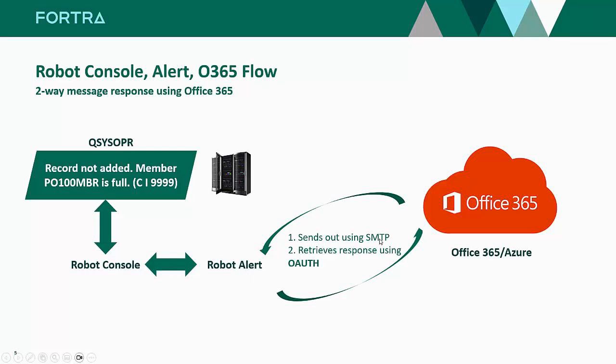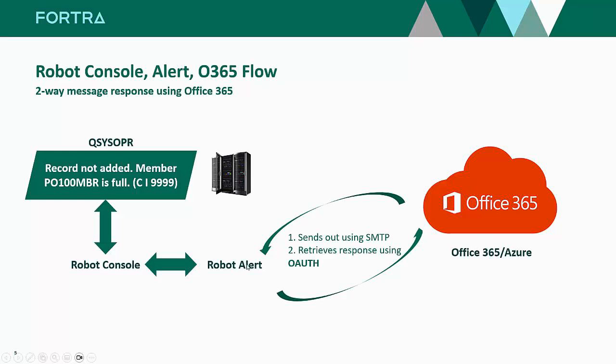It will then send the message out using SMTP and whatever authentication method you're using, TLS, SSL, and so forth. And then when that message is received, the reply to that message will go to a dedicated Office 365 account.